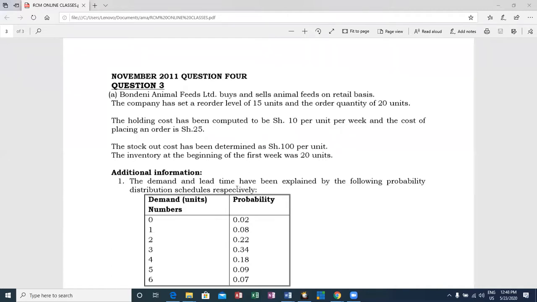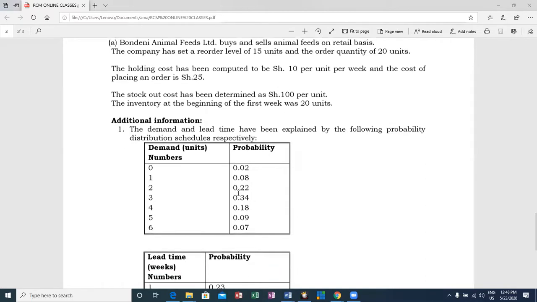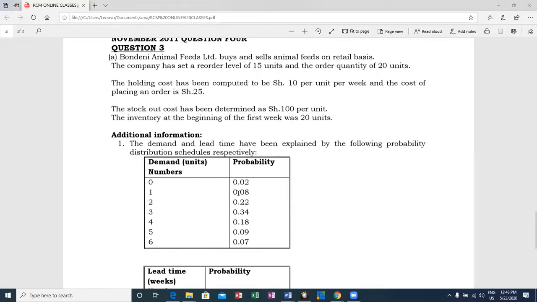Because it's a simulation question, I want us to copy the probabilistic variables first. Copy those variables with the probabilities. We have two of them: demand and lead time.